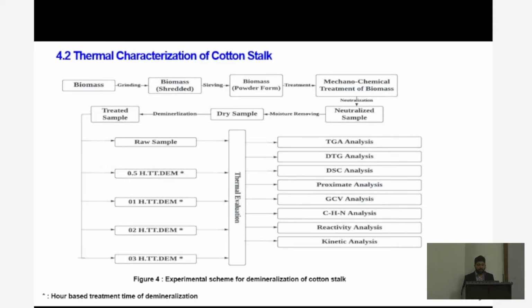We have 5 working sets produced on the basis of variation in the demineralization time. Then we did the thermal evaluation: TG analysis, DTG, and DSC. They all belong to a similar nature, being thermal-based analyses, along with gross calorific value, carbon hydrogen analysis, reactivity, and kinetic analysis.